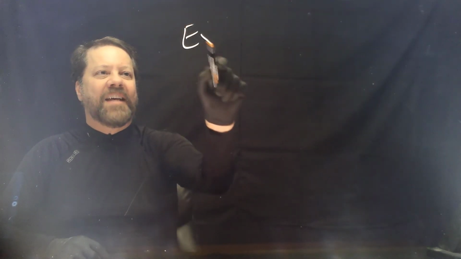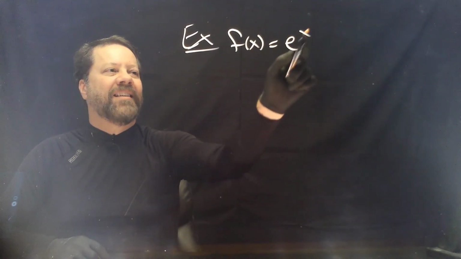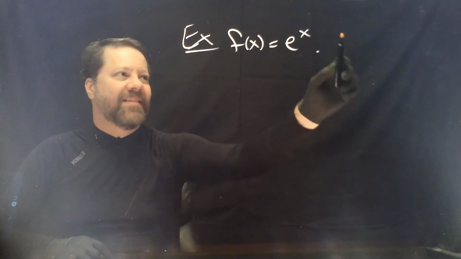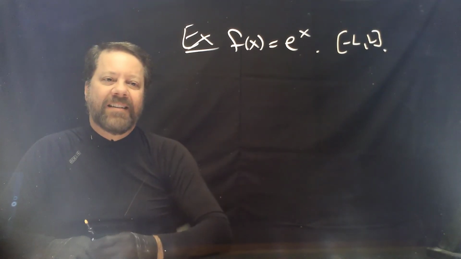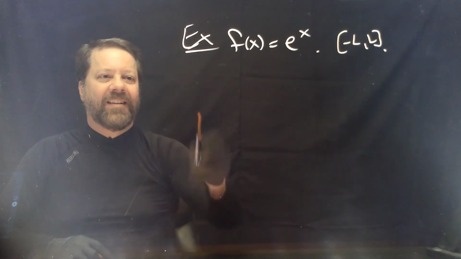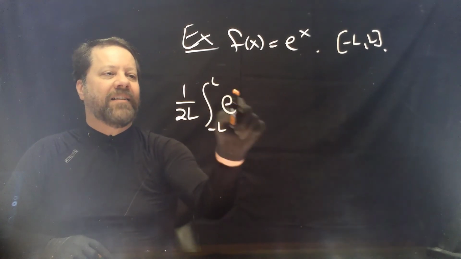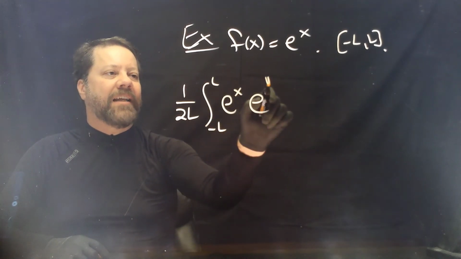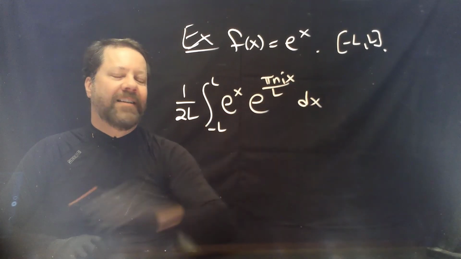Let's look at the example that we just did, e to the x between negative L and L. Let's see how that one works in the complex case. We'll have 1 over 2L, the integral from minus L to L, of e to the x times e to the minus pi n i x over L dx.